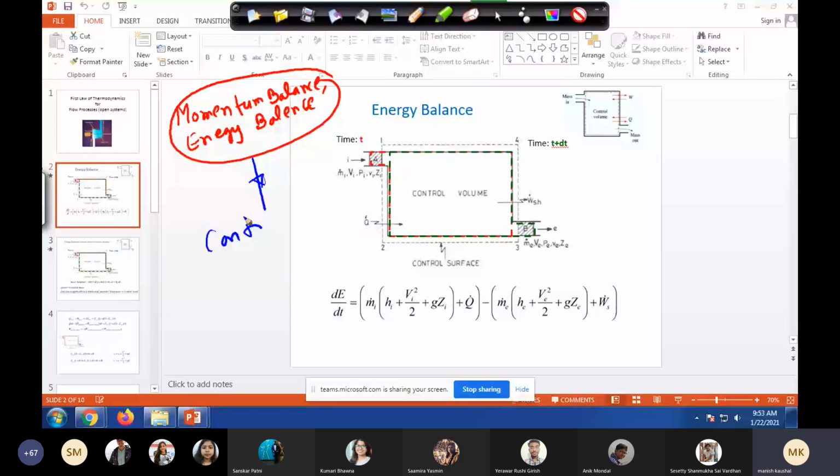And then using Reynolds transport theorem, RTT, you can bridge it to control volume. With this background, now we go to our energy balance for flow system.